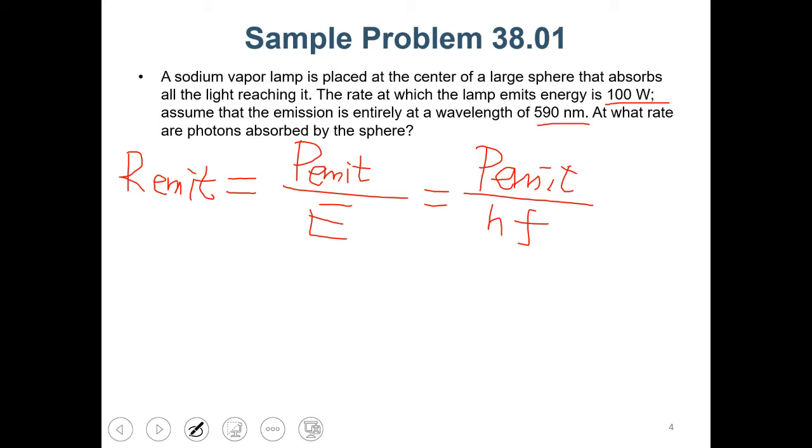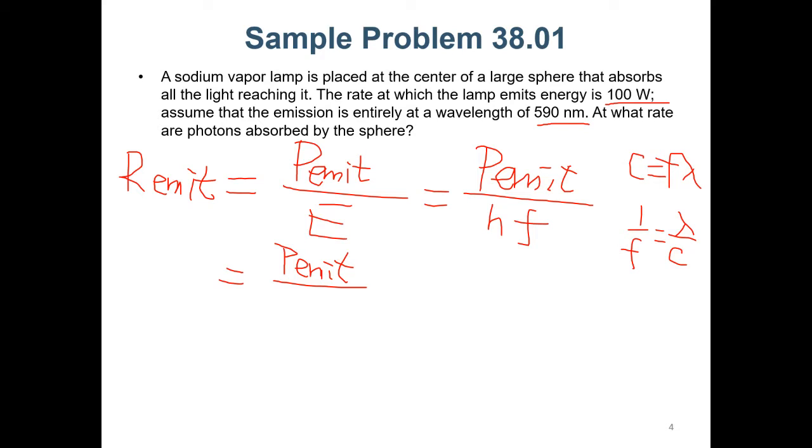And we also know that c equals f lambda. So 1 over f is nothing but lambda over c. So we can write it as P emit times lambda over hc, because we are given the wavelength, which is lambda.